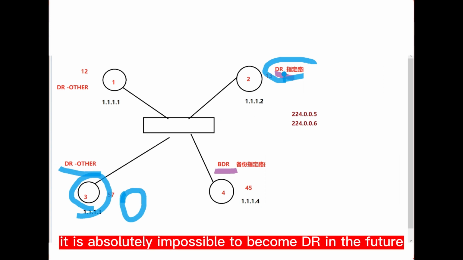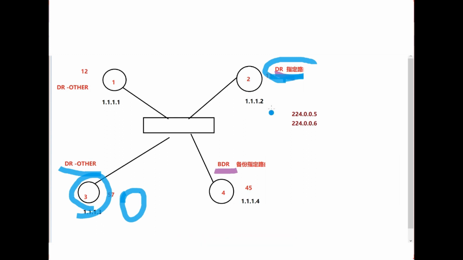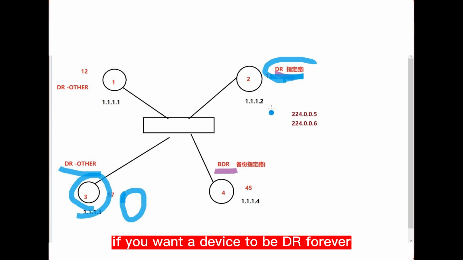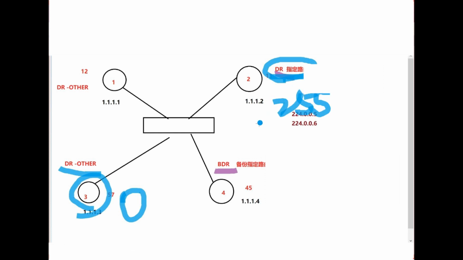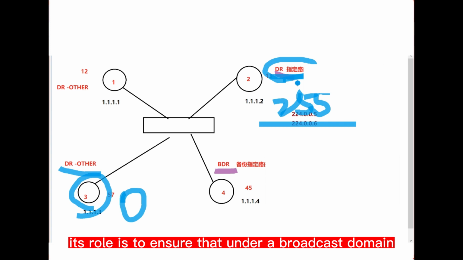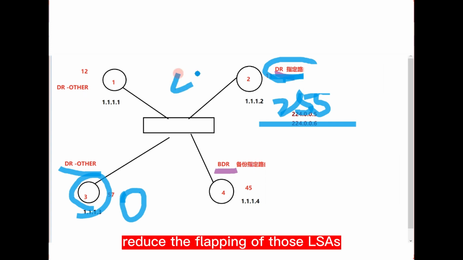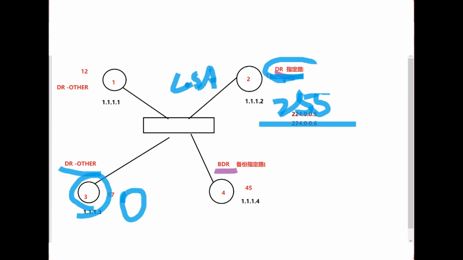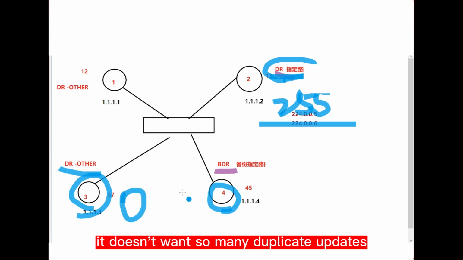It is absolutely impossible for it to become DR in the future. If you want a device to be DR forever, you can change its priority to 255, and then it will always be DR. The role of DR and BDR is to reduce the flapping of LSAs under a broadcast domain, just reduce some useless flapping. A device doesn't want so many duplicate updates.